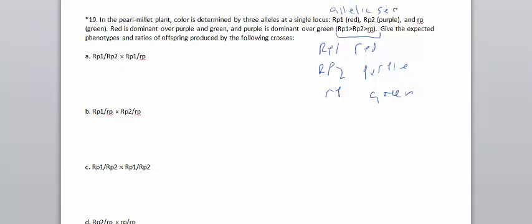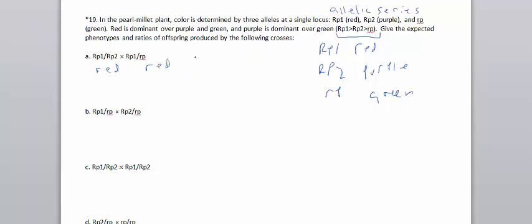An allele means different versions of the same gene, so we're just talking about one gene, 3 different potential alleles, but only 2 in any given organism. So in this case, RP1 is dominant to RP2, RP1 is red, so we get red. RP1 is also dominant to the other one, so we get red.